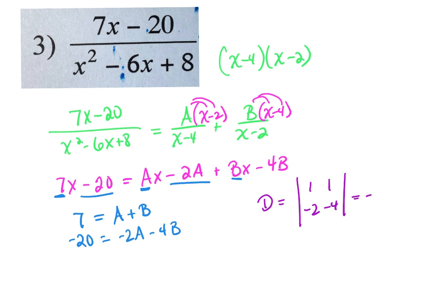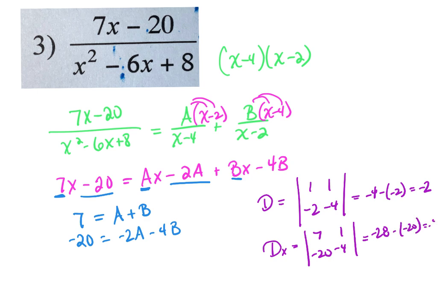So that's negative 4 minus a negative 2, my x determinant. I'm going to replace my x with the 7 and the negative 20. And that's going to be negative 28 minus a negative 20, so that's negative 8. So negative 8 over negative 2 is going to give me my x, which is 4, or my a rather.